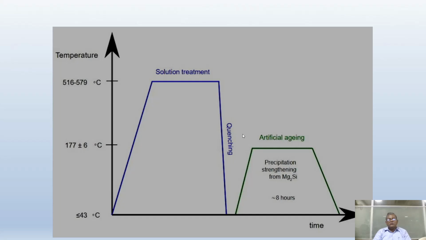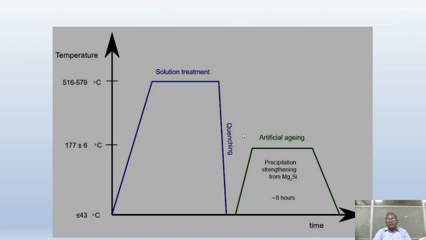So this is how solution treatment is done. Heat it to a particular temperature, keep it for some more time. That is what you call a solution treatment. After that, quench fast. Then after some time, raise it to some temperature well below the solution treatment temperature.